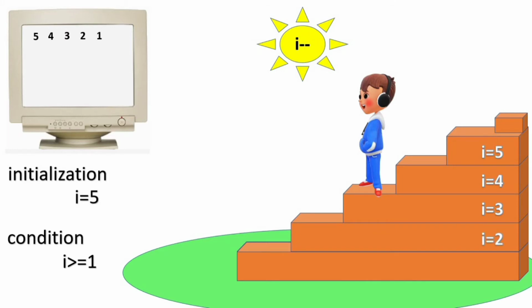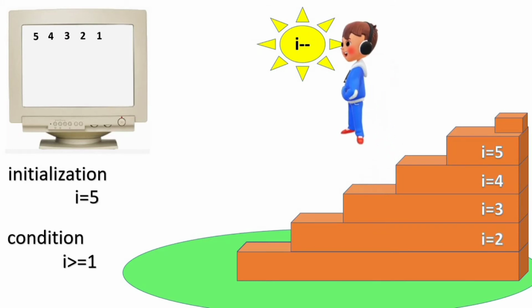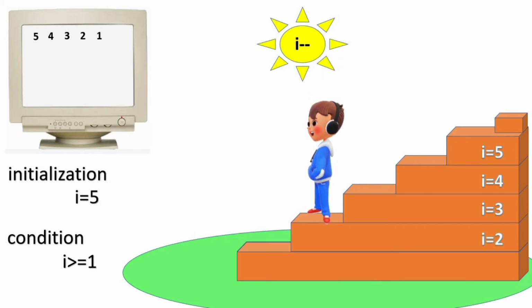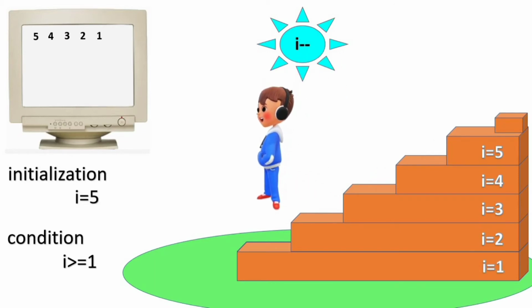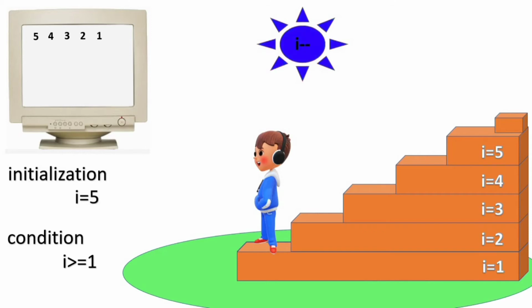I becomes 2. Again decrement the value of I by 1. I becomes 1. If you decrement the value of I by 1 again, you will get I as 0. We now need to print value 0, so we can stop here.